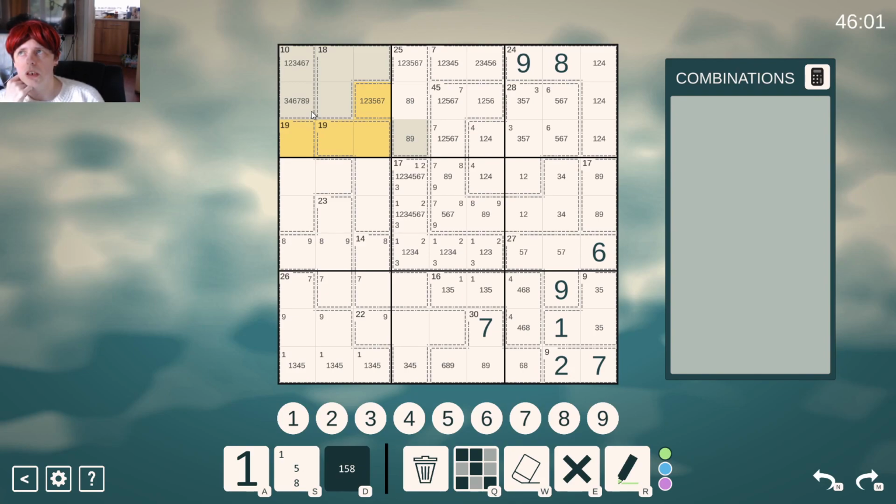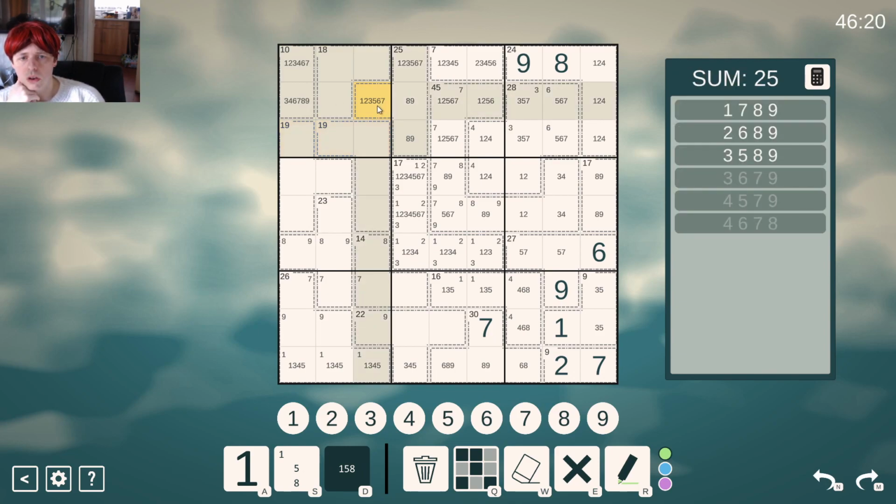So that can be 1, 2, 6, 1, 3, 5, or 2, 3, 4. So that is not 7. If that's not 7, that's not 1.